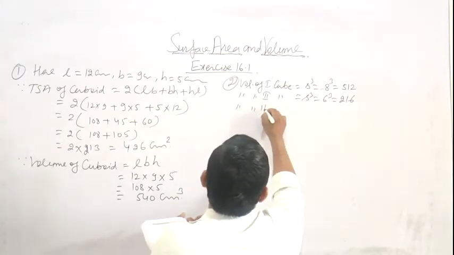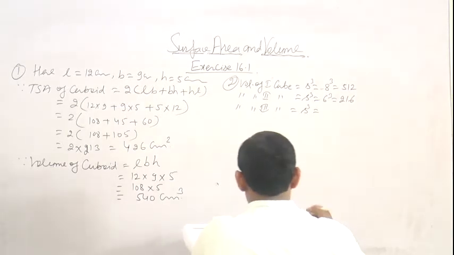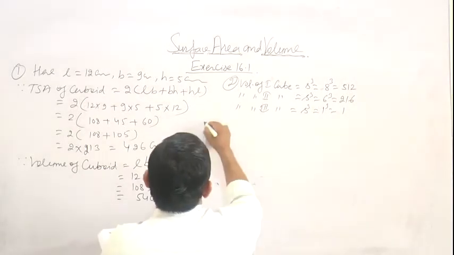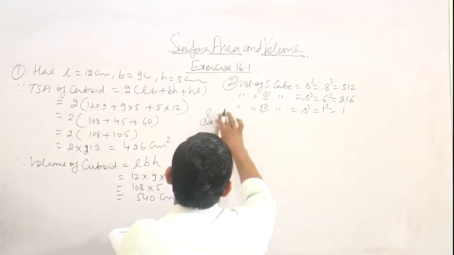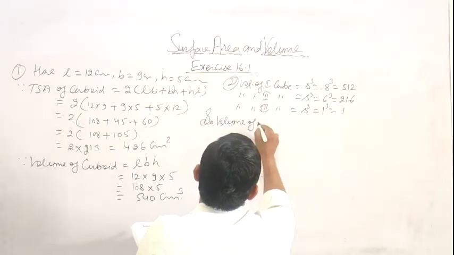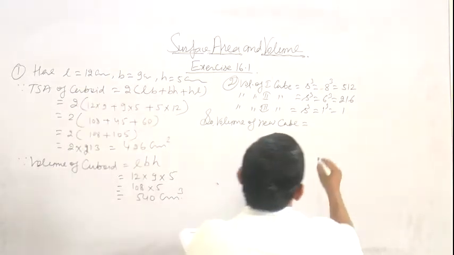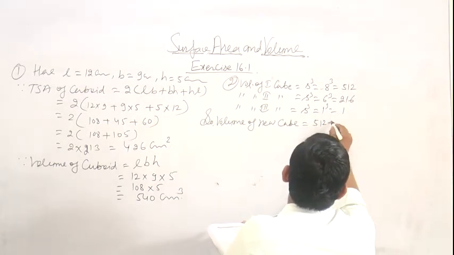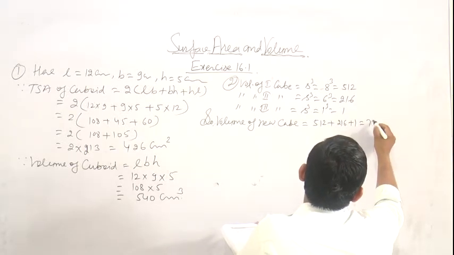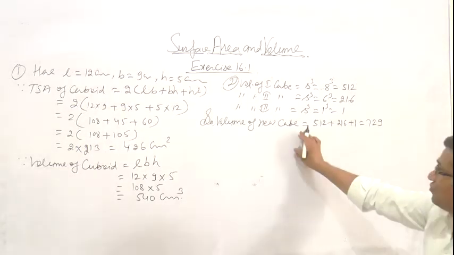Then volume of third cube is also side cube, that is side is 1, equal to 1. So volume of new cube is 512 plus 216 plus 1 is equal to 729. This is the volume of the new cube.